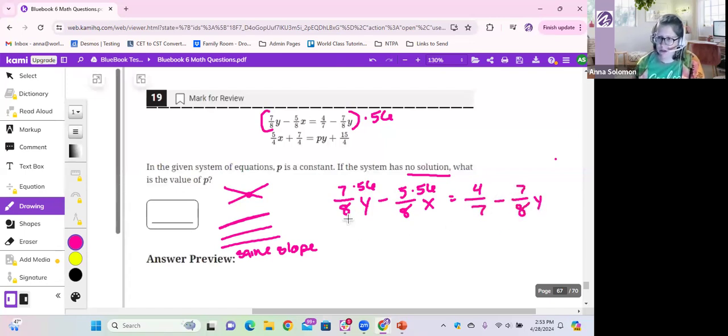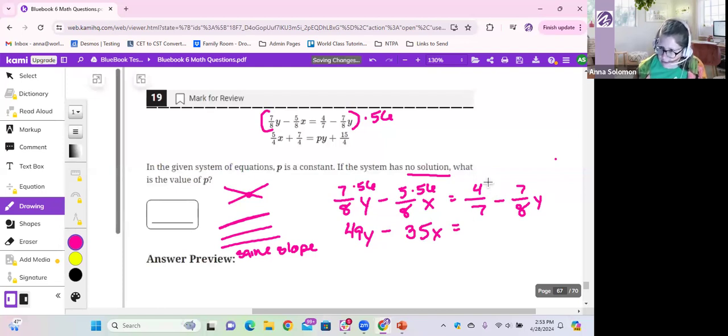Don't lose those variables. And I'm just going to put this in my calculator. So 7 times 56 divided by 8 is 49. 5 times 56 divided by 8 is 35.